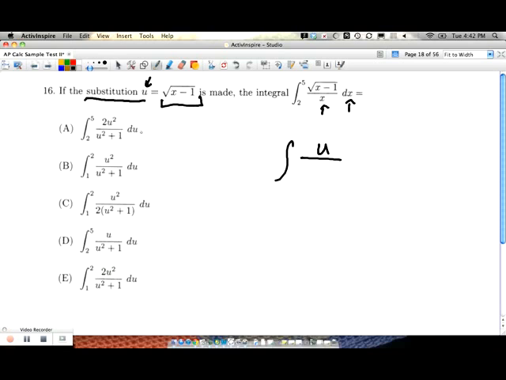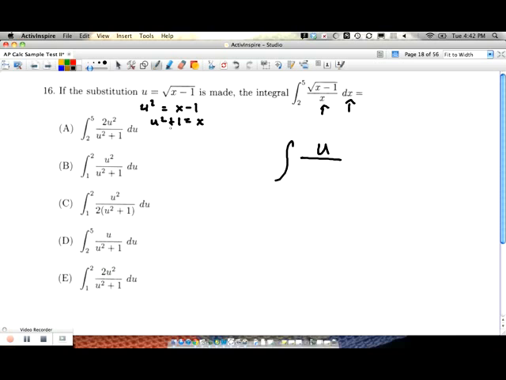So let's start by doing some substitutions. Okay, and we made the one substitution, but it's probably going to help us a little bit if we rewrite this piece here, if we solve this for x. If I were to solve both sides for x, that means I would have u squared equals x minus 1, so u squared plus 1 equals x.